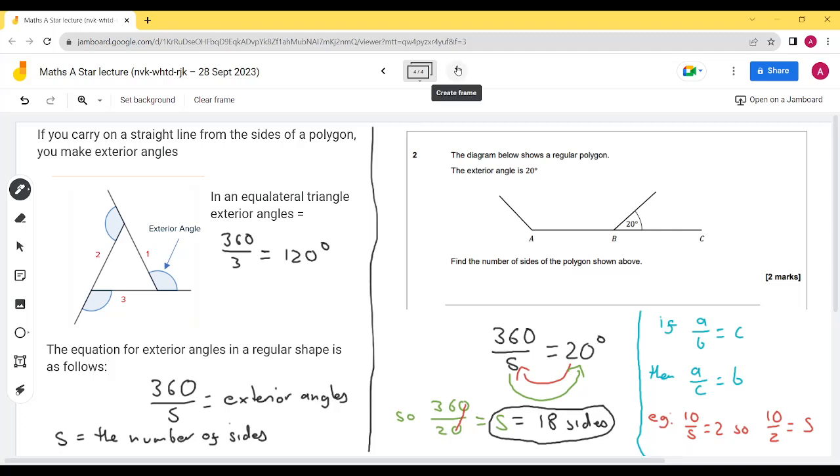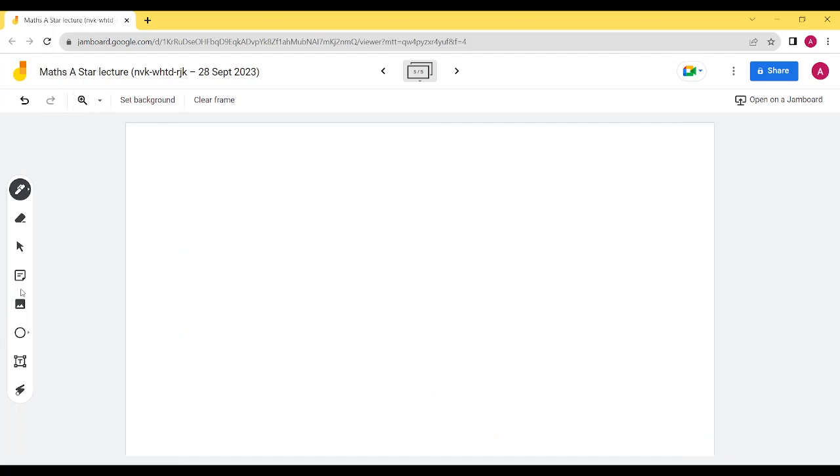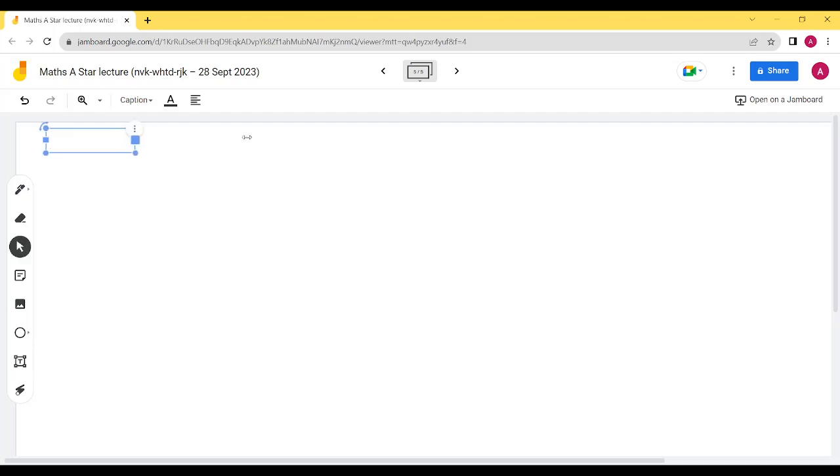Okay, so what we're going to cover briefly now is angles with parallel lines.